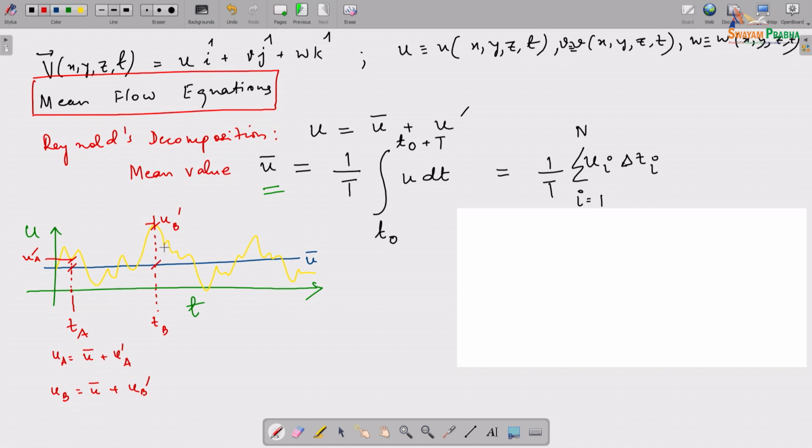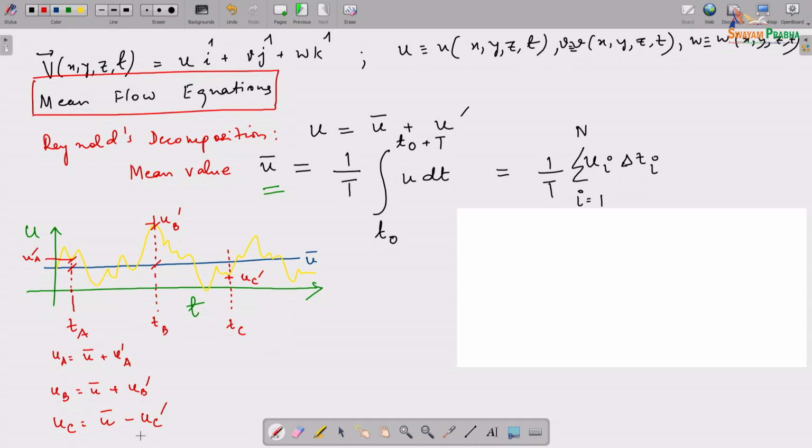Similarly, I could also have a location like this, and this is UC dash. Then UC is going to be the mean minus UC dash, and so on and so forth.